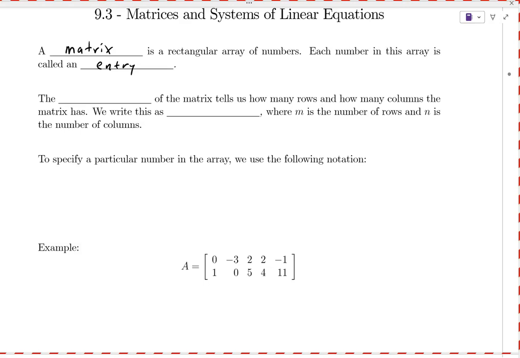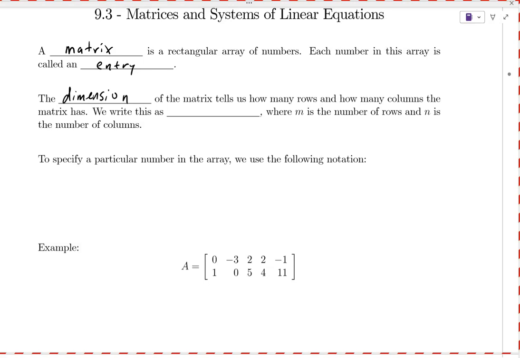When we talk about numbers of rows and columns, we refer to the dimensions of the matrix. So we talk about the dimension of the matrix. It tells you how many rows and how many columns you have. We write this as what looks like almost a multiplication problem.